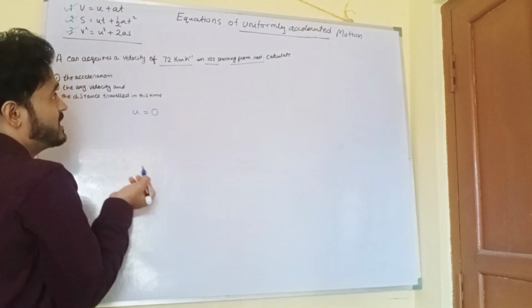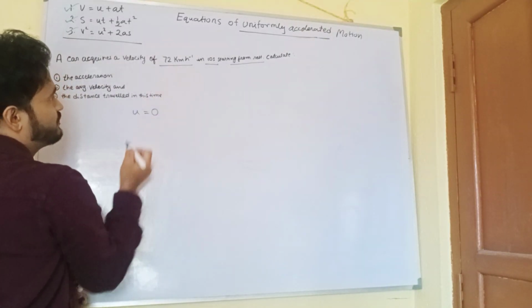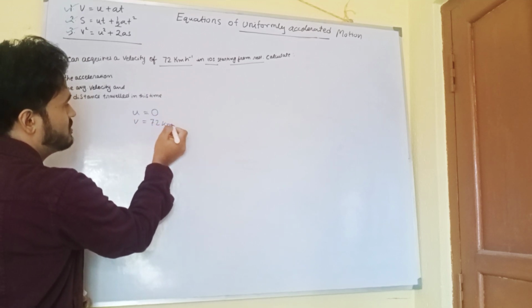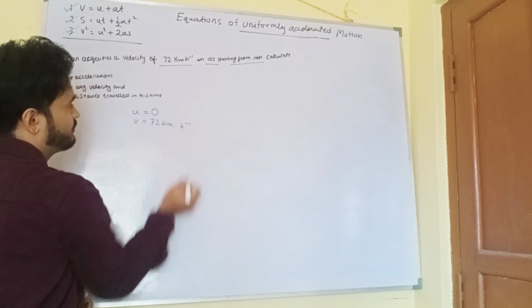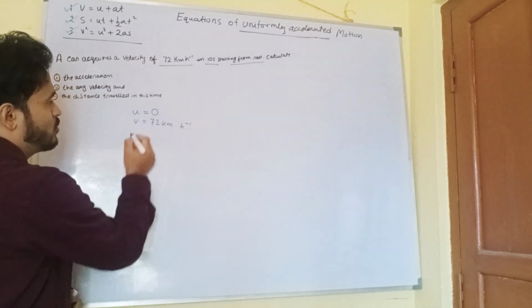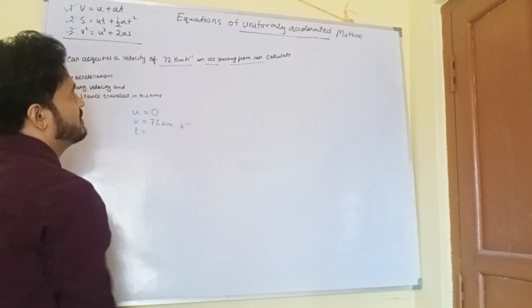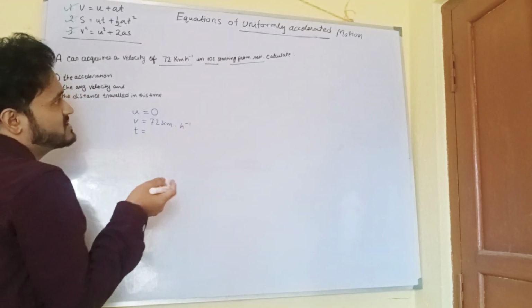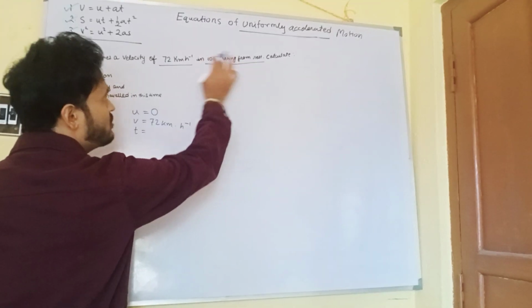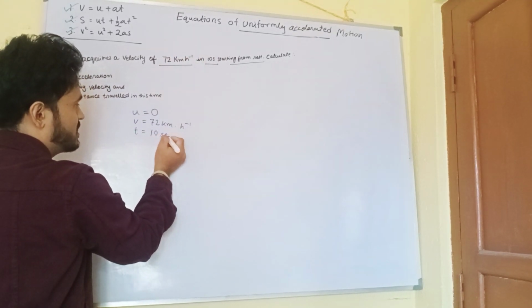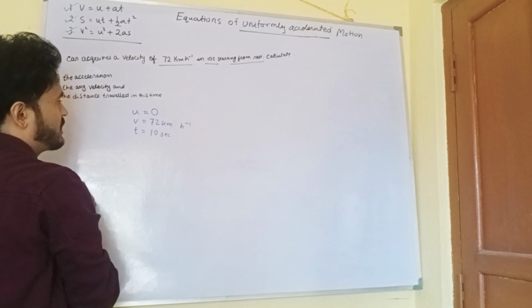What is the final velocity? V is 72 km per hour. What is the time t? In 10 seconds, the car changes its velocity from 0 to 72 km per hour. So t is equal to 10 seconds.